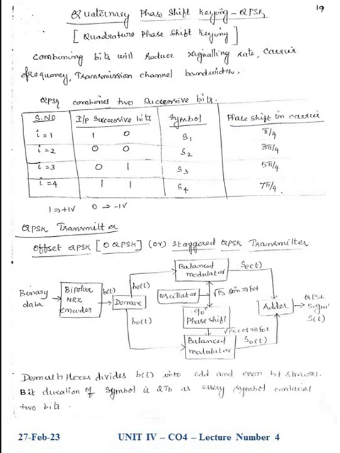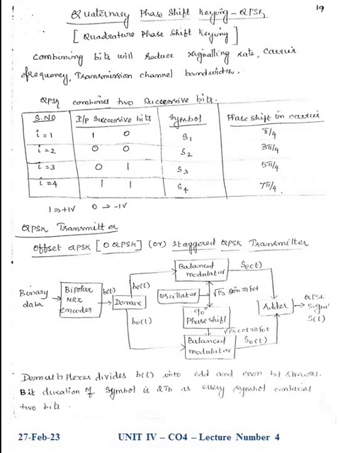The difference between BPSK and QPSK is that in BPSK only two bits are considered, that is 0 and 1, whereas in quadrature phase shift keying two bits are transmitted at a time.